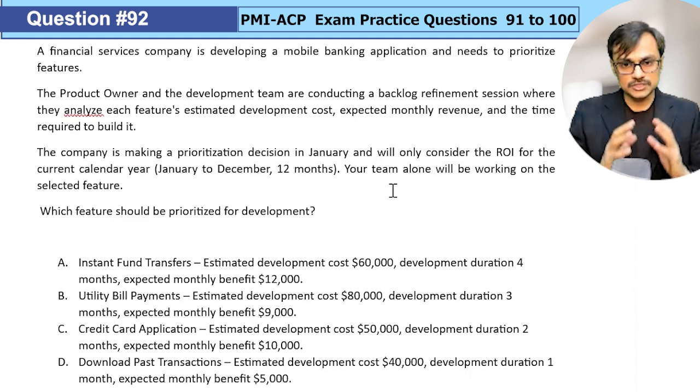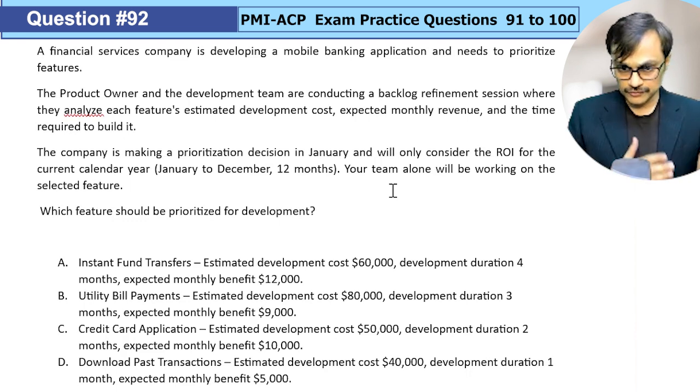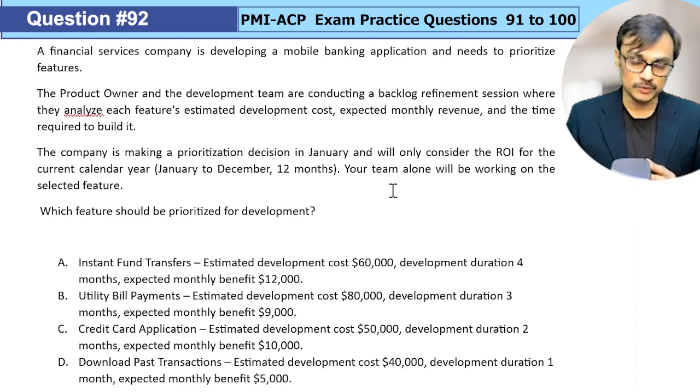So in simple words, this question is asking that I need to pick 1 feature out of 4 and I need to do some kind of ROI calculation for that because we consider the ROI for the current financial year. So I need to find out return on investment based on the current calendar year, January to December.